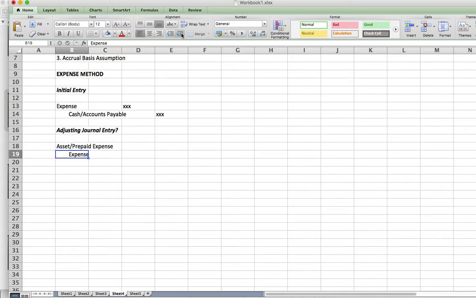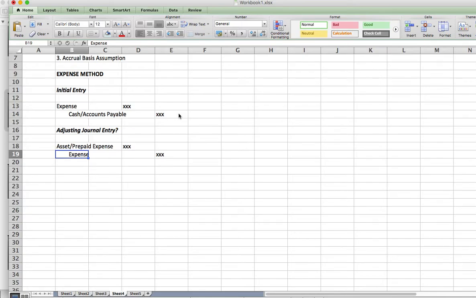Bakit debit? I-discuss muna natin bakit debit. Debit kasi we have to recognize, di ba? Naalala niyo yung principle kanina? Asset recognition principle. We have to recognize the amount of asset pertaining to the prepayment. If there is a remaining amount not used up, then we have to recognize the asset. Kaya debit asset, credit expense.